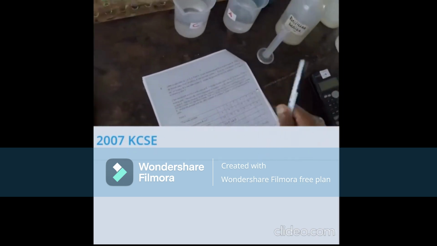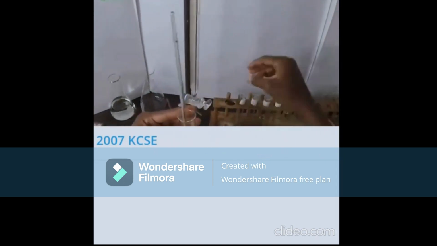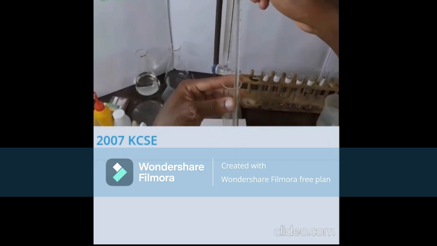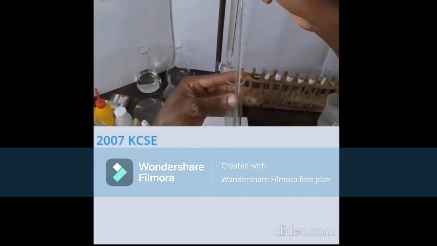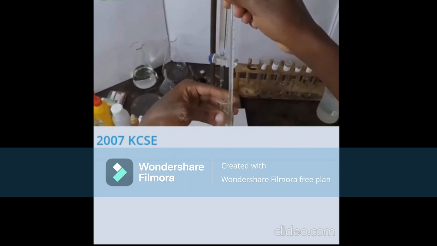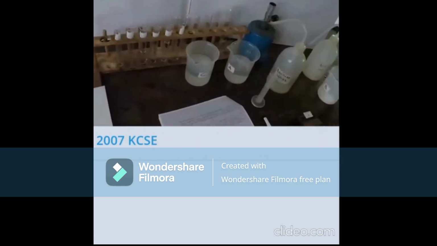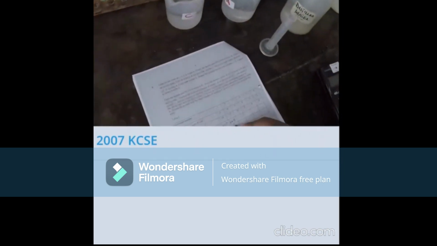Now you repeat the procedure. Take your time, stir, and make sure that you measure the maximum temperature reached. Initial, maximum, for each and every volume.